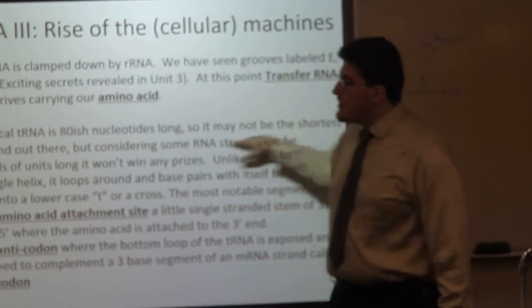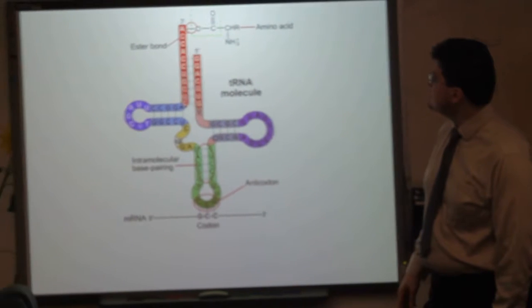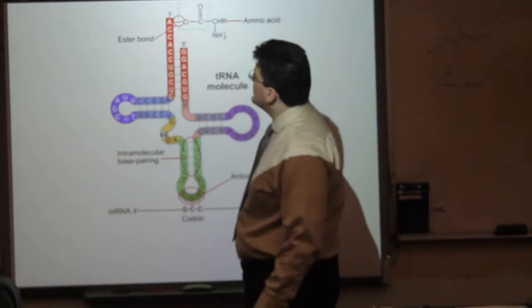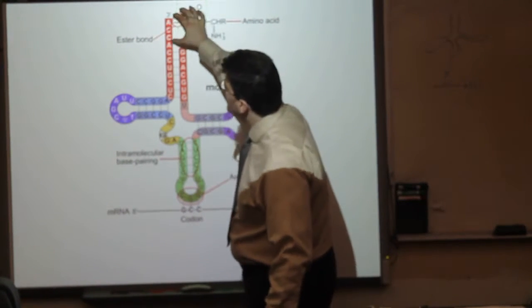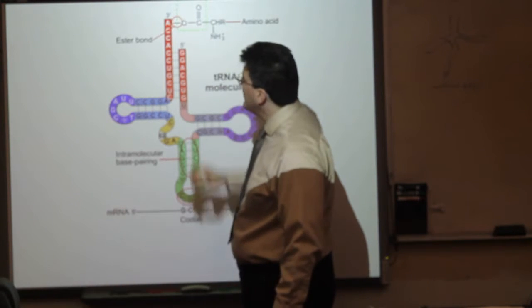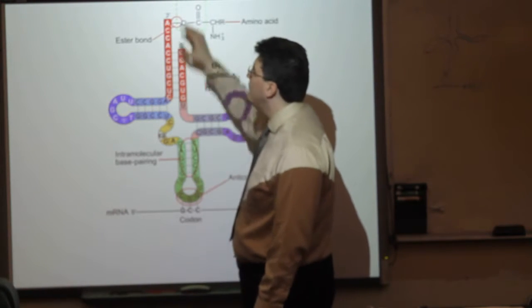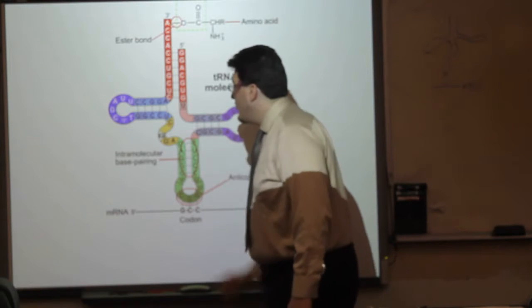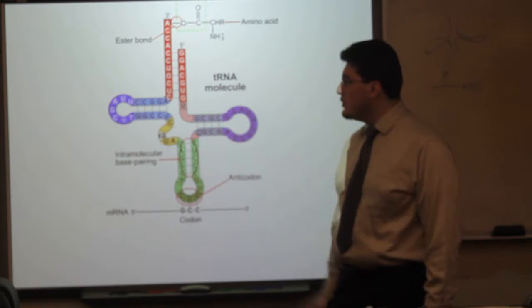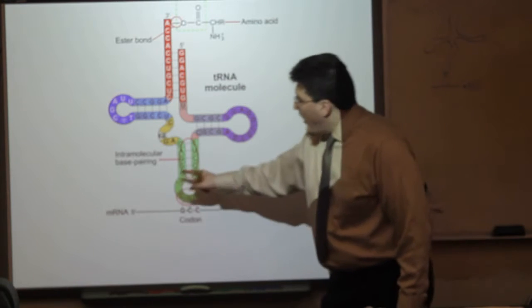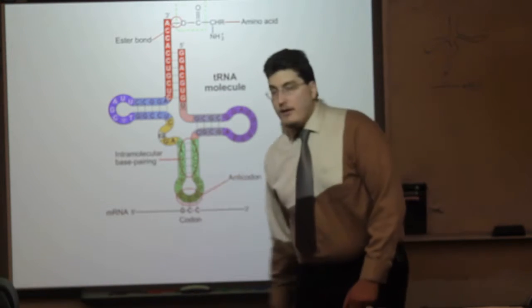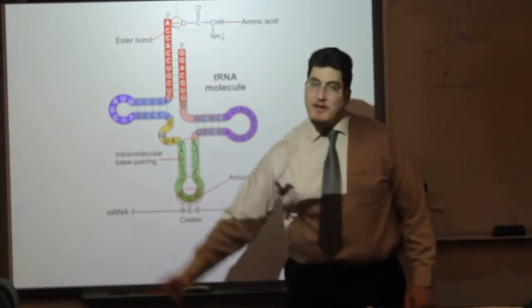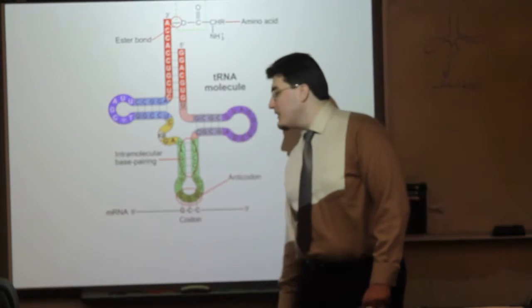So here is the better picture. Here is our amino acid binding site, which will always have this sequence ACC at the 3' end of the tRNA. These loops, don't worry about these loops. Our anticodon will be down here. It will be complementary and antiparallel to the mRNA codon.